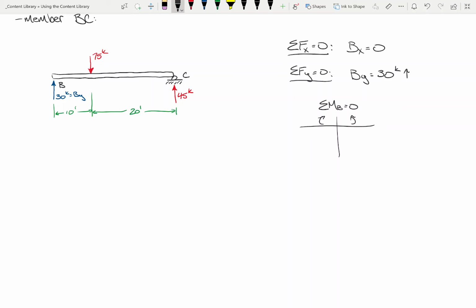If I sum moments at B, do I need to consider the 30 kips here? No. I've got 75 times 10, and I've got 45 times 30, right? So 75 times 10 is 750.